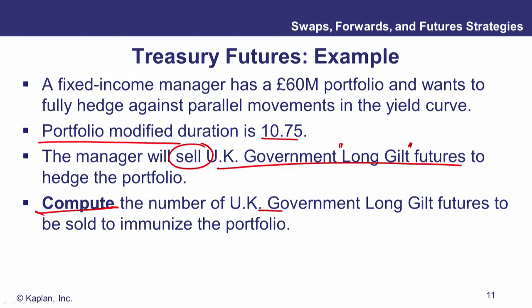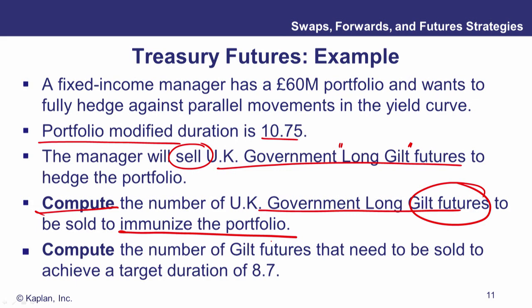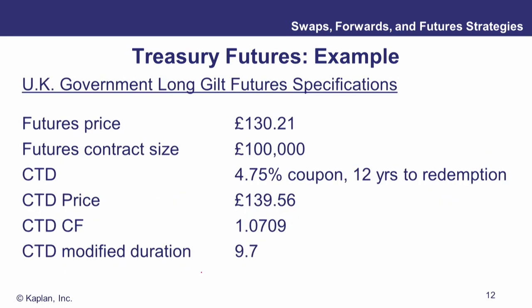Okay, so let's compute the hedge ratio, or the number of futures, to immunise the portfolio, to fully hedge. Let's also mix it up and target a different duration, which is what this more sophisticated measure allows us to do. Let's target a duration of 8.7 and see how many contracts we need to attain that. So here are some details about the contract.